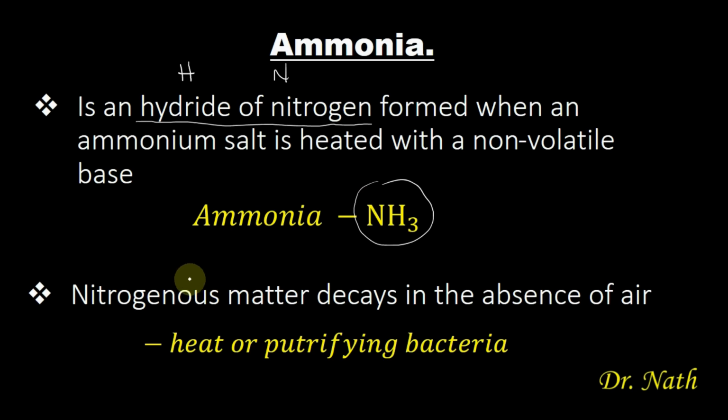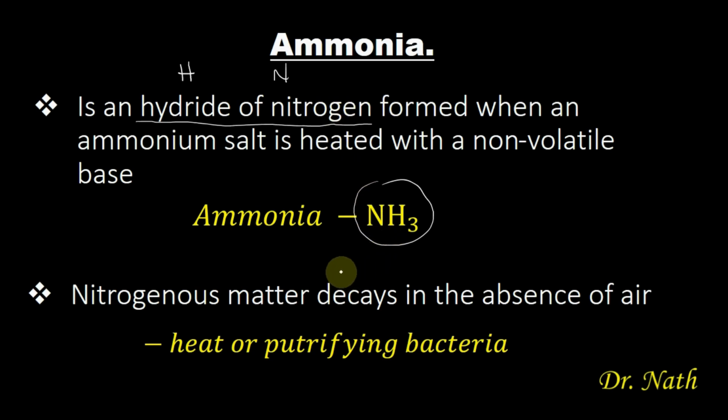Naturally, ammonia is produced when nitrogenous matter decays in the absence of air by the action of heat or by putrefying bacteria. So whenever nitrogenous substances or matter, like plants, decay in the absence of air by the action of heat or by bacteria, the gas that will be produced is ammonia.